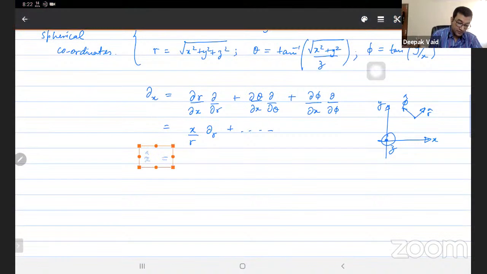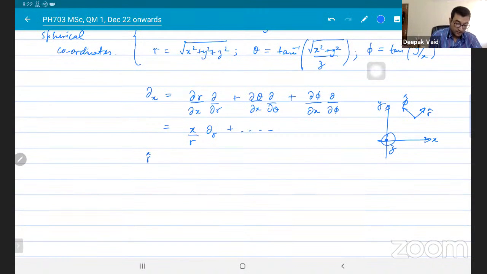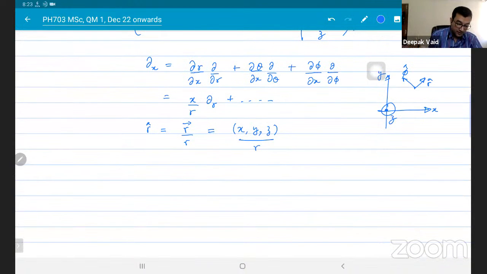So first it's easier to write down the unit vector for r. r̂ is equal to the vector r divided by the magnitude of r, right? And what is the vector r? It has the coordinates x, y, or since we are in three dimensions, x, y, z, divided by r. So you can write this as x/r, y/r, z/r.